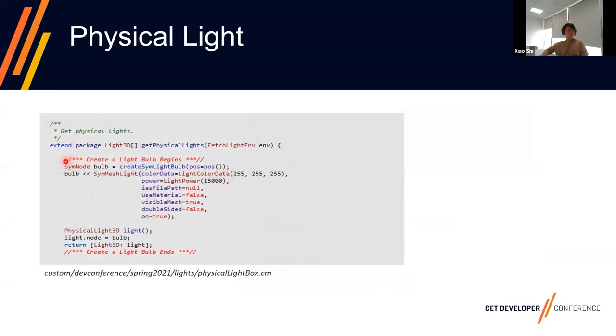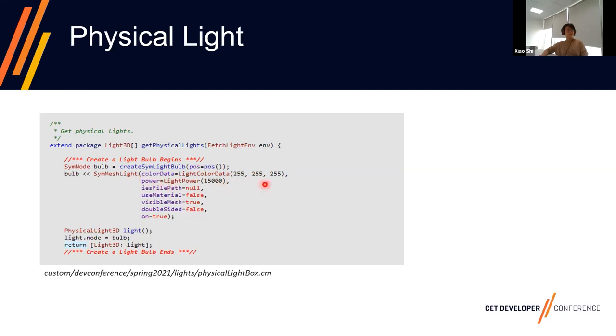So when you have a SimLight, or let's say a SimMeshLight, you can see that we pass in a whole bunch of parameters here. The color data is just a color that you can pass in, or we can have other helper functions. You can pass in a temperature, like the way that we did before. And this power defines the brightness of the light.